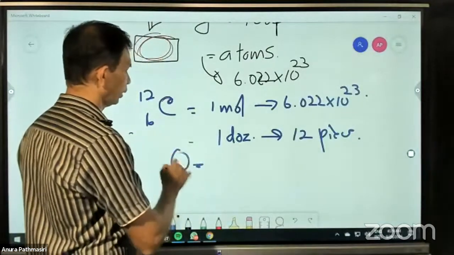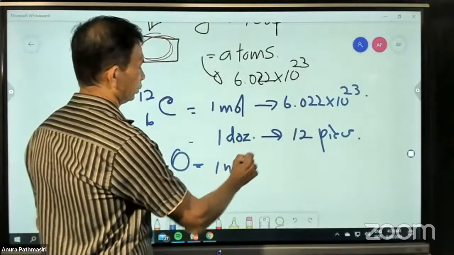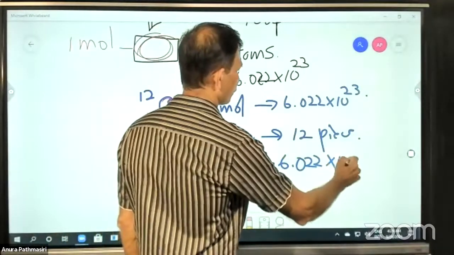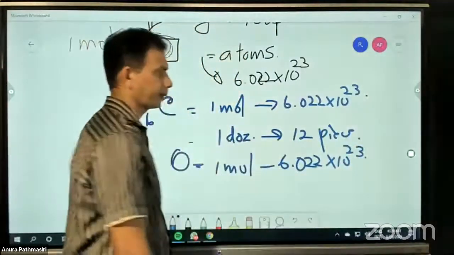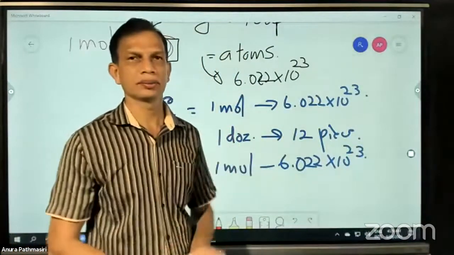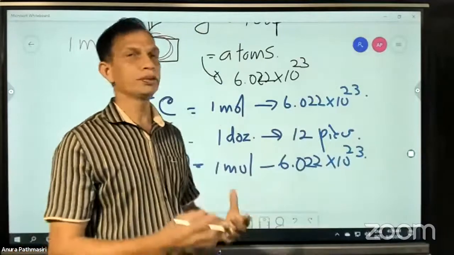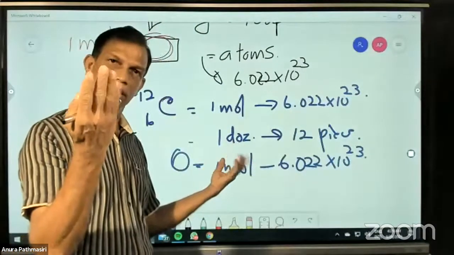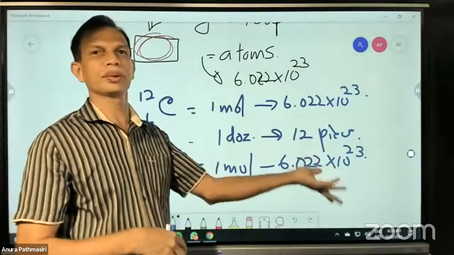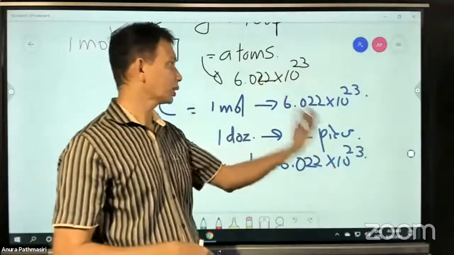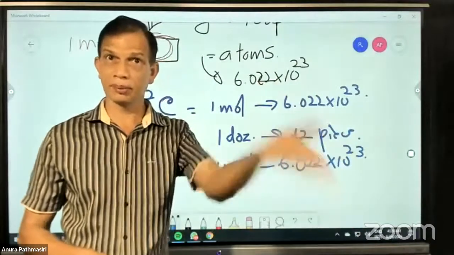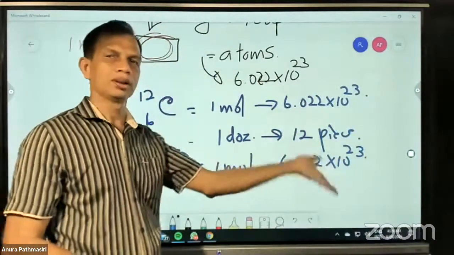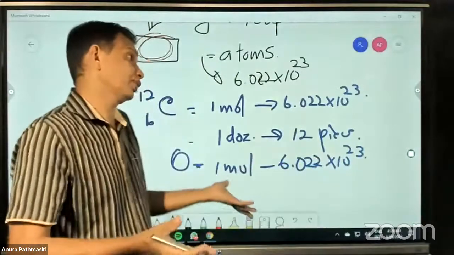Oxygen, 1 mole, you have 6.022 times 10 to the power 23. You can express either way. If you have 12 pieces of oranges, you have 1 dozen. If you have 1 dozen, you have 12 pieces of oranges. If you have 6.022 times 10 to the power 23 atoms, they are 1 mole. Or if you have 1 mole, 6.022 times 10 to the power 23.